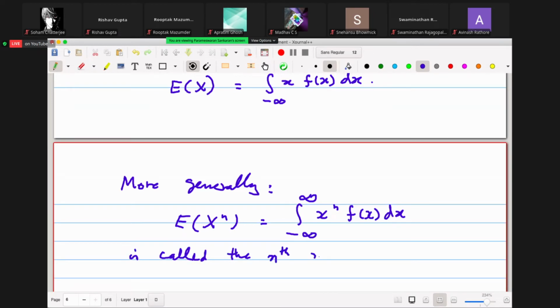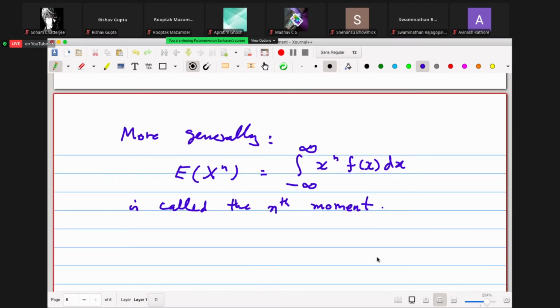If you recall the discrete case, there you had the same thing except you had a summation. And then the variance.